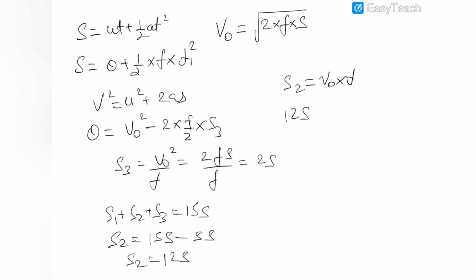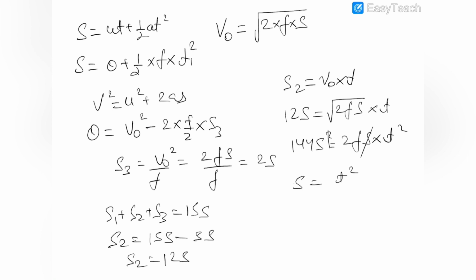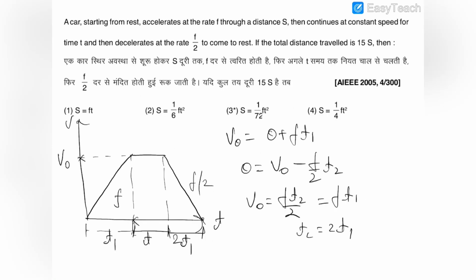So 12s is equal to v0, which is under root of 2fs, into t, and squaring both the sides, 144s square is equal to 2fs into t square. So cancelling s with s, you can see that s is equal to ft square by 72. So the correct answer would be option 3.